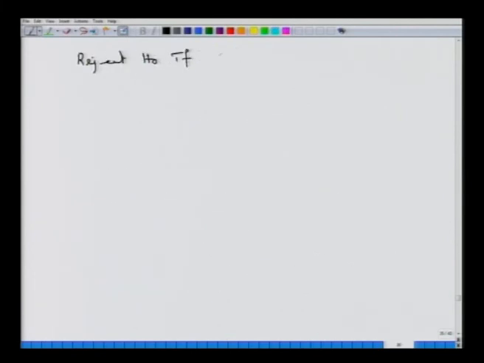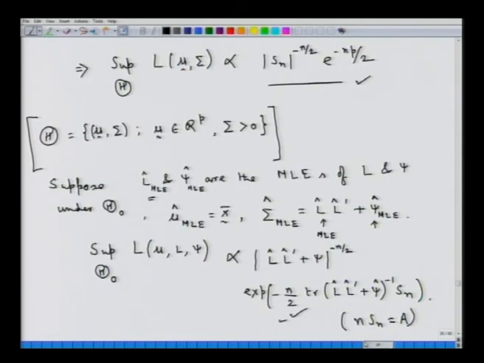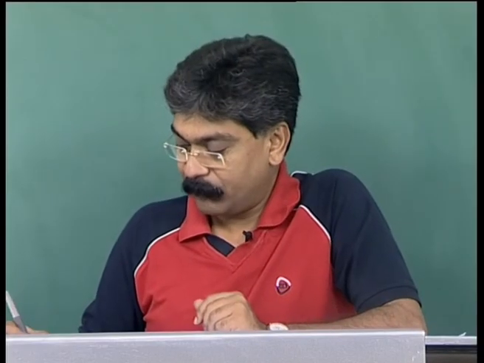So, we will reject the null hypothesis if the observed minus 2 log lambda is less than the cutoff at a fixed level of significance. So, that concludes this testing procedure, which was based on the large sample theory of the likelihood ratio test for the number of common factors that we will be choosing in an M factor model.